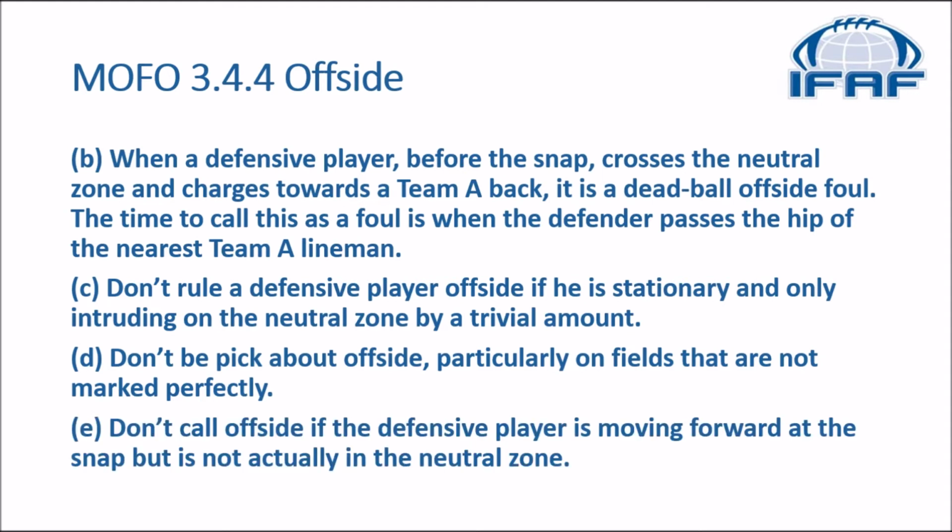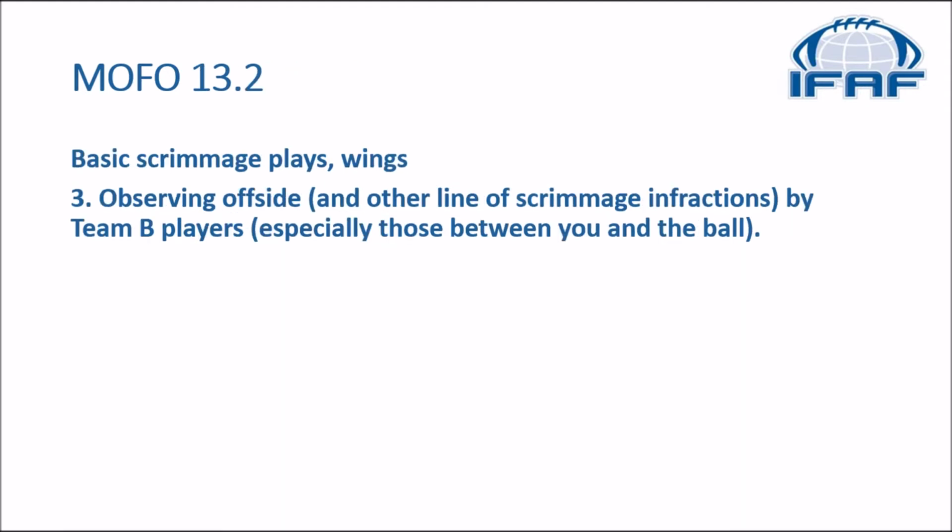And E says, don't call offside if the defensive player is moving forward at the snap but is not actually in the neutral zone. And finally, 13.2, dealing with responsibilities for wings on basic scrimmage play, says, observing offside and other line of scrimmage infractions by Team B players, especially those between you and the ball.